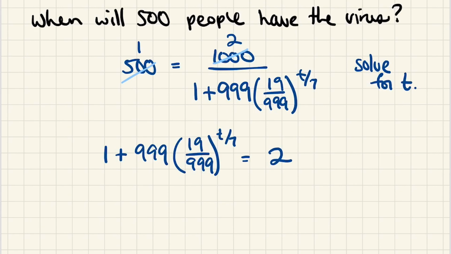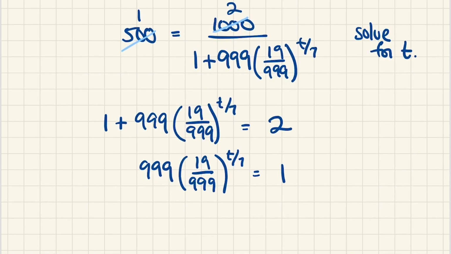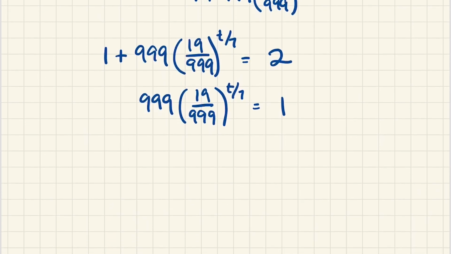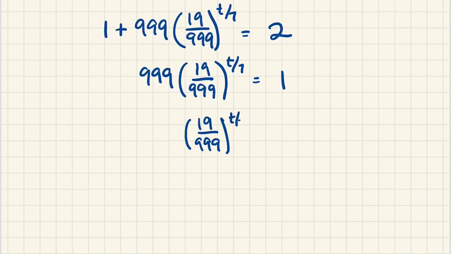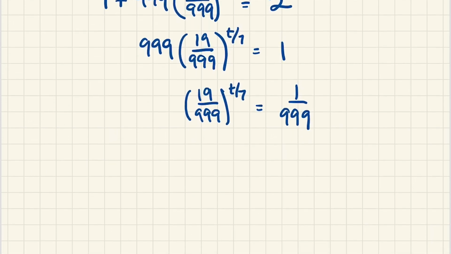Okay, let's subtract 1 from both sides. Did I really just write that? And divide everything by 999. Okay, so now we're going to take the log of both sides and we're going to bring down the t over 7.